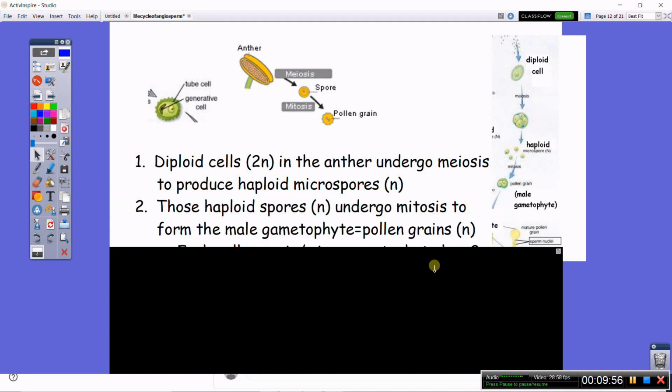And those haploid spores are going to undergo mitosis to form the male gametophyte, because that's what spores become. Hopefully in seeing all these life cycles, that's getting cemented into your brain, that those haploid spores are going to become the gametophyte. And the male gametophyte in both the gymnosperm and the angiosperm life cycle is the pollen grain.